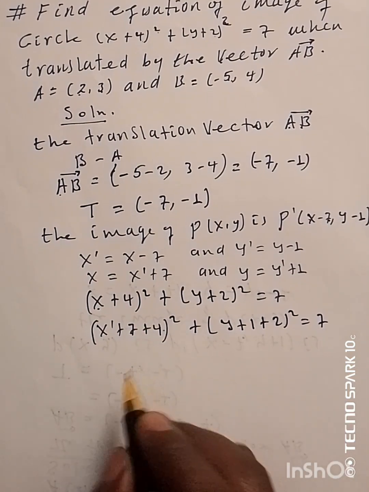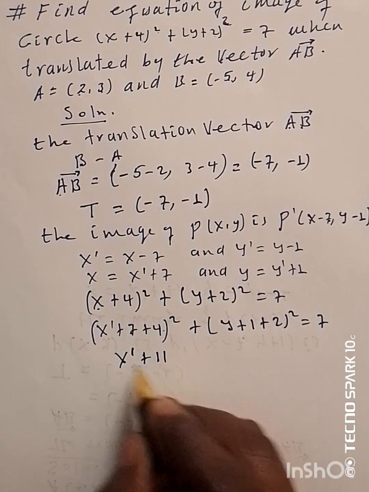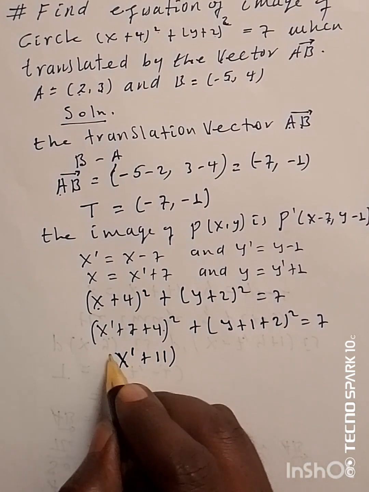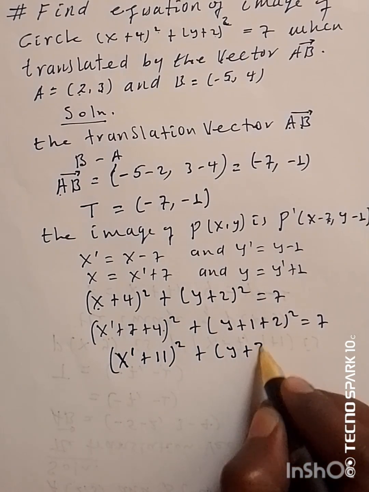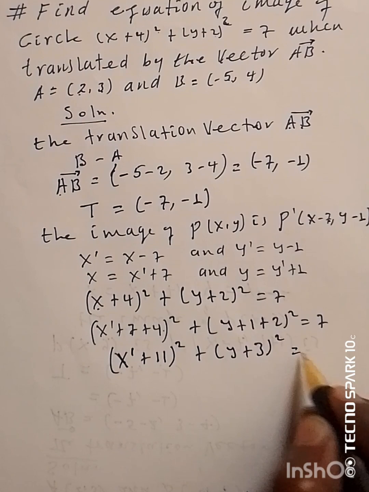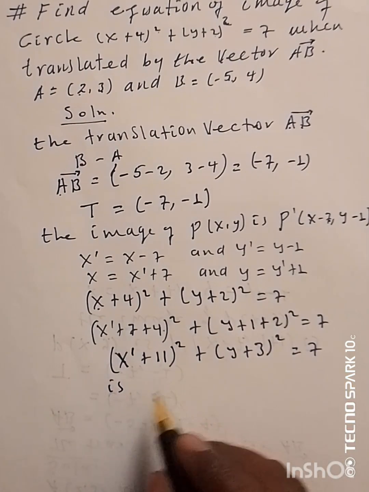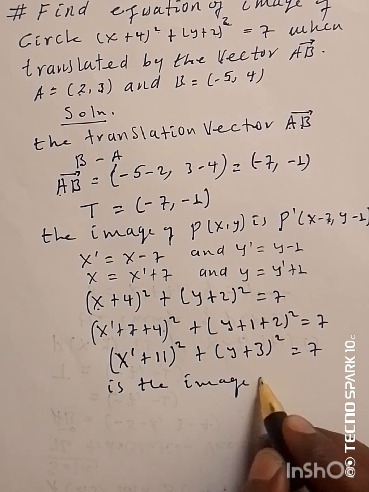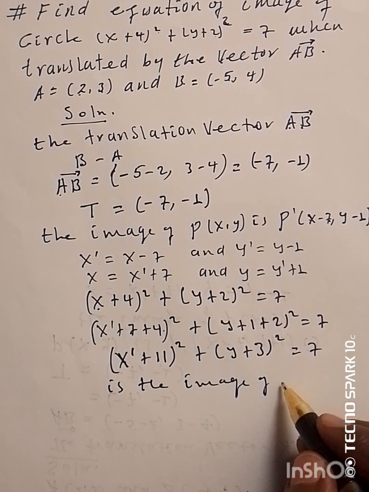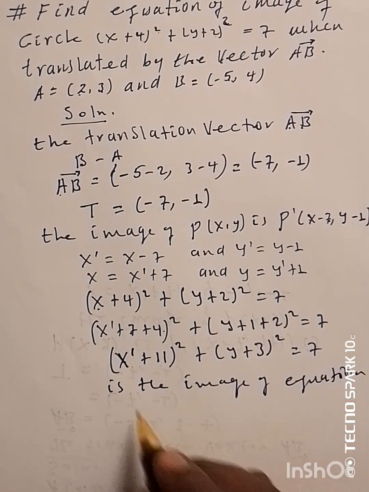Then 7 plus 4 is 11, so (x prime + 11)² + (y prime + 3)² = 7 is the equation of the image of the circle.